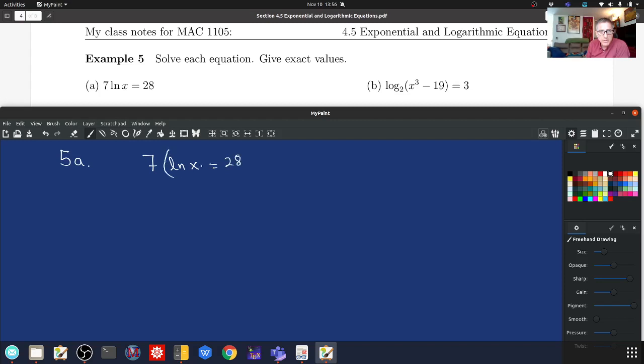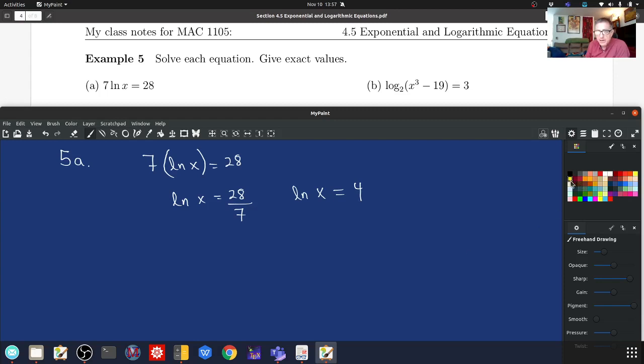I don't know what this is, but it's some number, and whatever that number is, I'm multiplying it by 7. So I'm going to divide both sides by 7, and that gives me that the natural log of x is equal to 4.